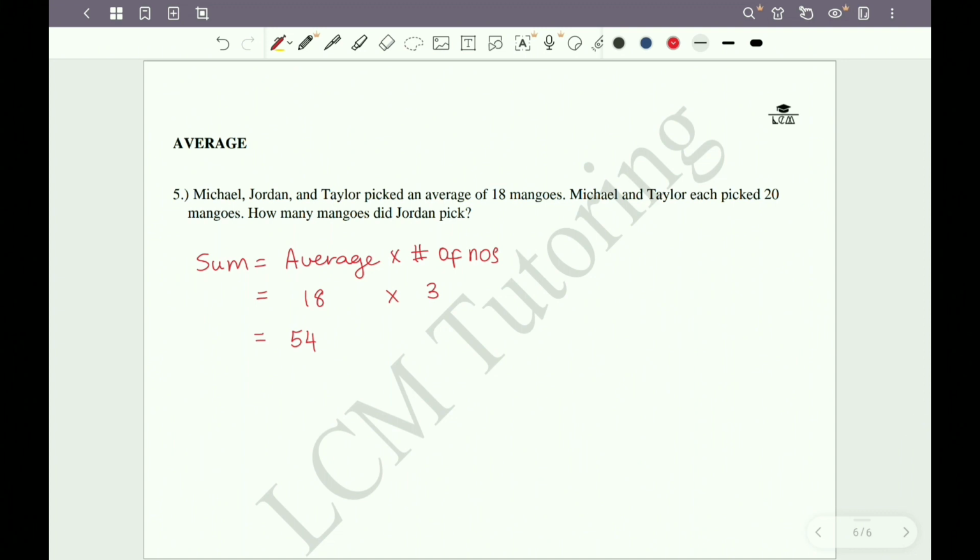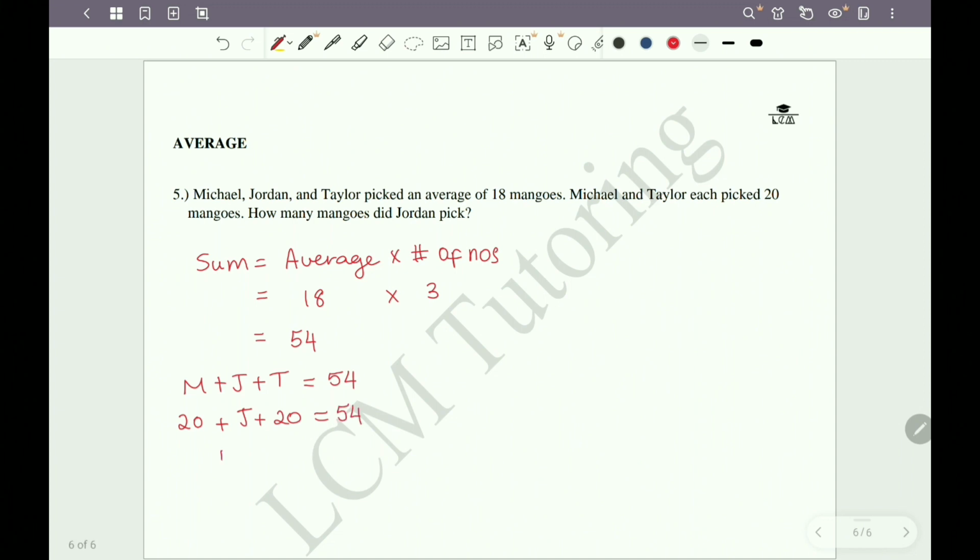So if you add up Michael's number, Jordan's number, Taylor's number, you will get 54. So Michael plus Jordan plus Taylor is equal to 54. What do we know about Michael and Taylor though? We know that Michael and Taylor each picked 20 mangoes. So that's 20 plus Jordan plus 20 is equal to 54.